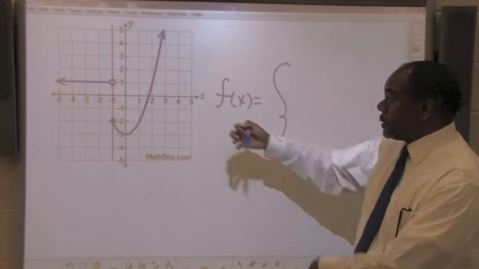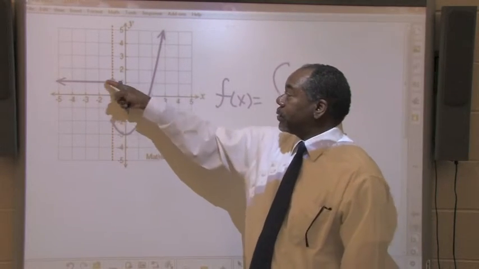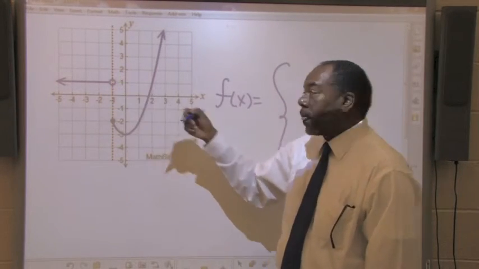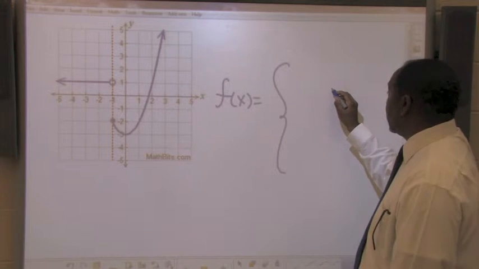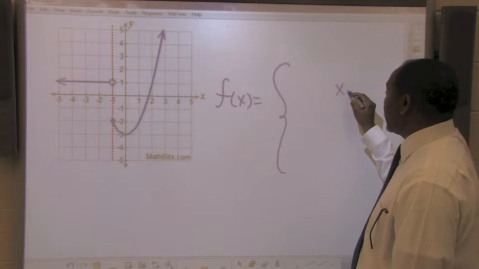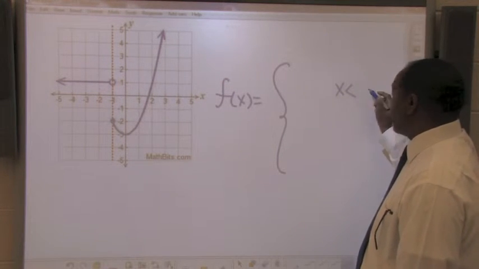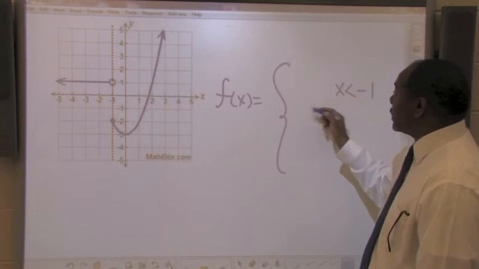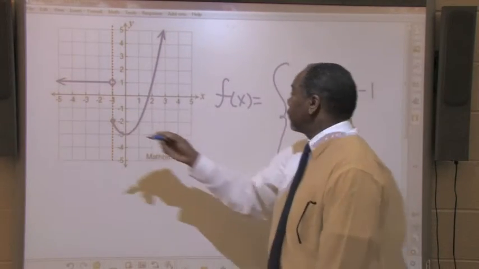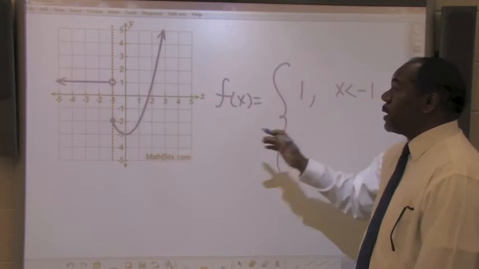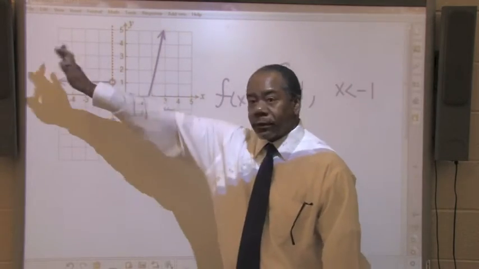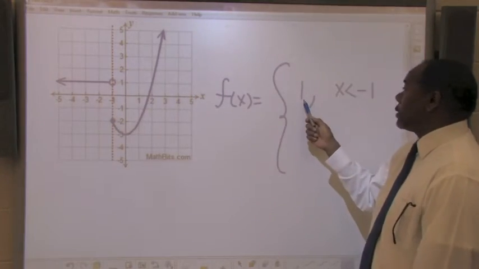The first one is just y equal to 1. So from the region we're going to say x is less than -1. What is the value of that line? It's just 1. So from -1 to infinity, it's always going to be 1.